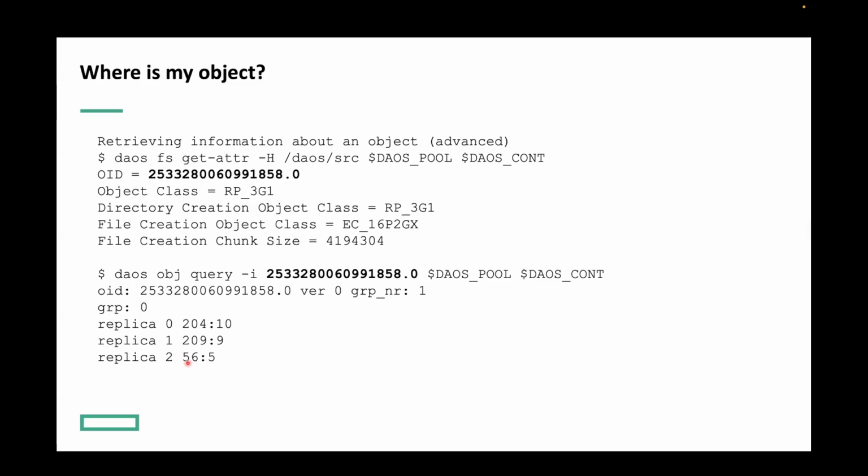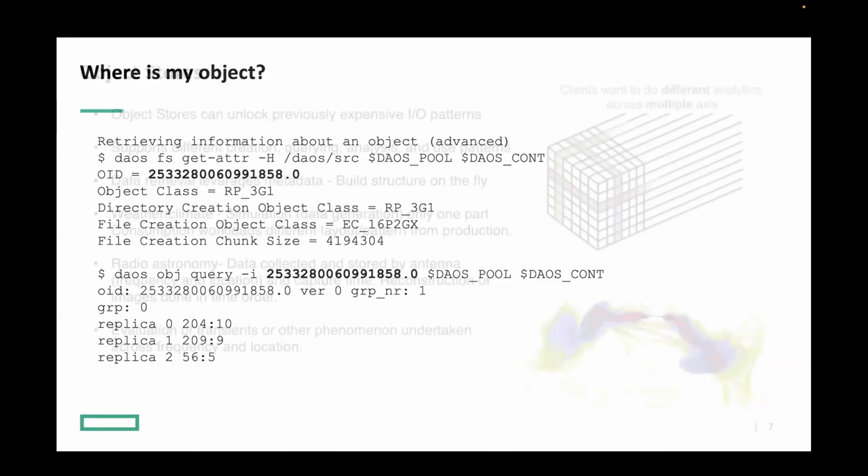So you can see it's out of 256 DAOS servers, it's using the 56th DAOS server and the 5th persistent memory and so on. This is just to understand how your files are being placed at different locations.